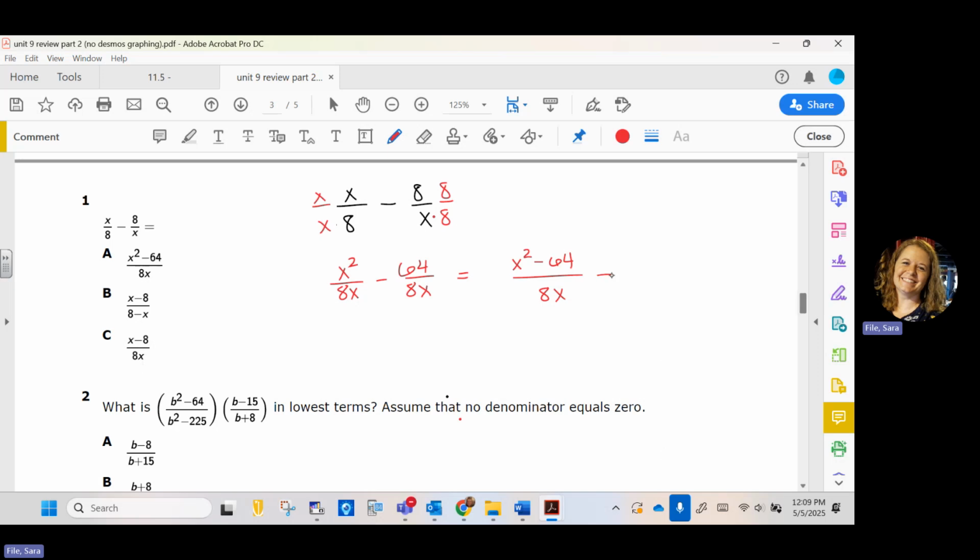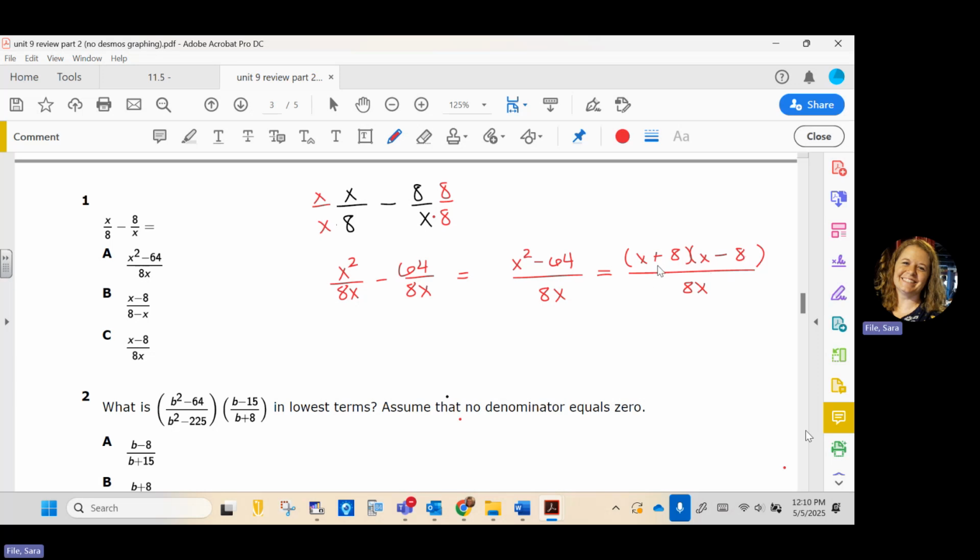But that top is factorable because that's a difference of two squares, meaning the square root of x squared is x, difference, it's a minus sign, and then the square root of 64 is 8. So you can do one positive and one negative, and then it's over 8x still. Now, once you have it factored, if something was the same in the numerator and denominator, something meaning a factor, you would reduce.